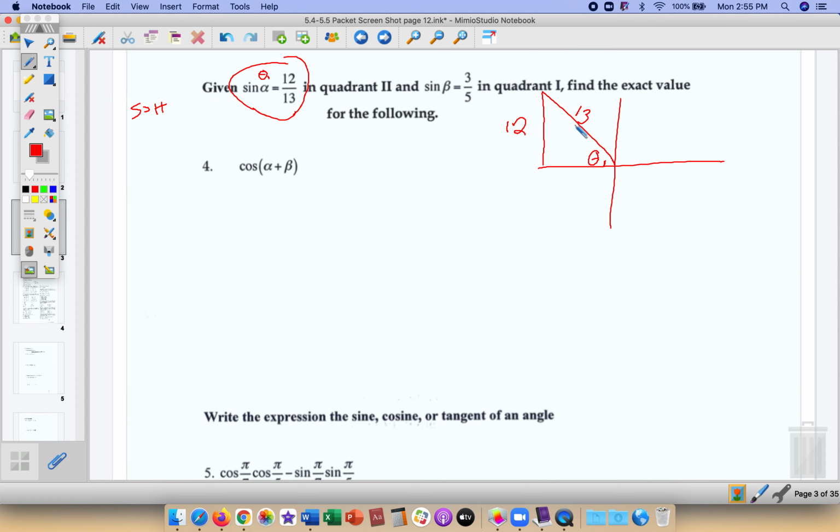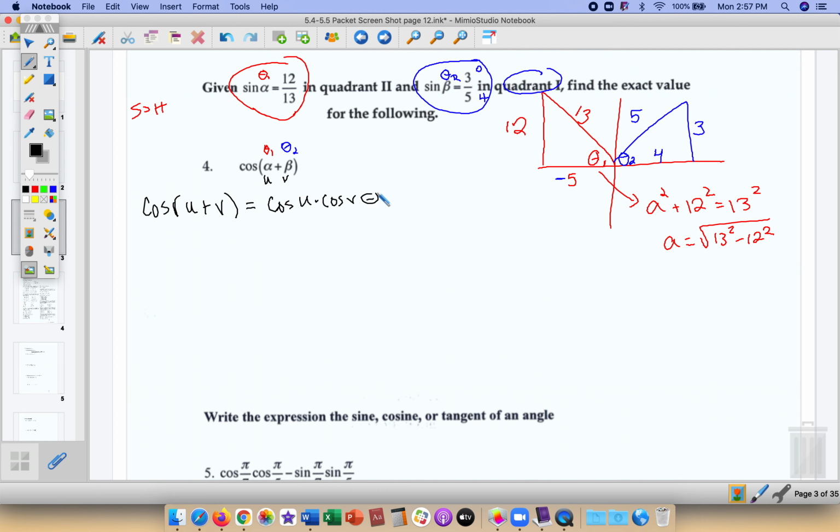So what I do when I expand this, if we had cos of u plus v, it's something plus something, is equal to cosine of u times the cosine of v minus the sine of u times the sine of v.